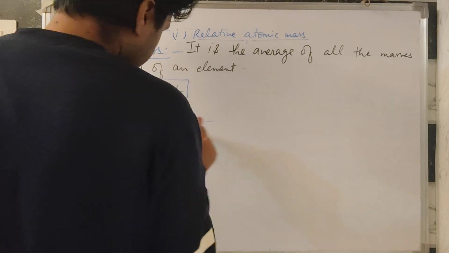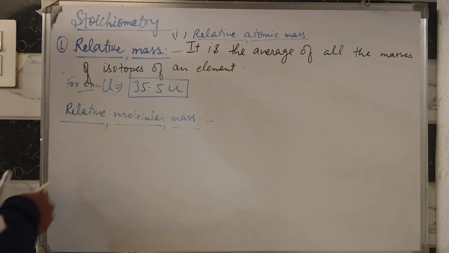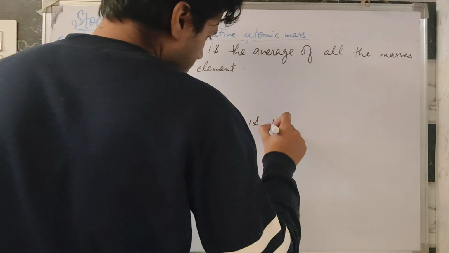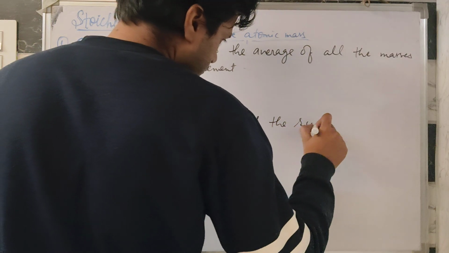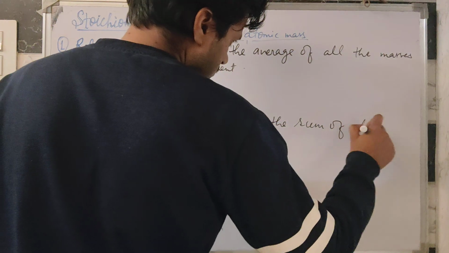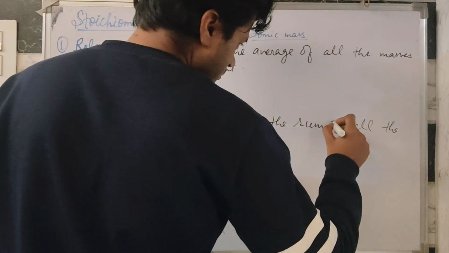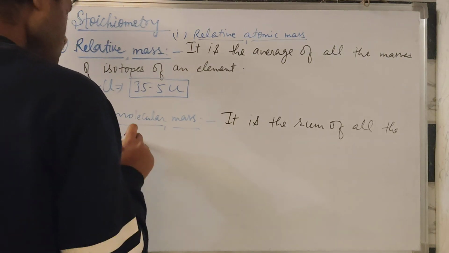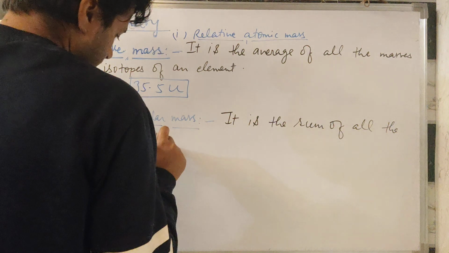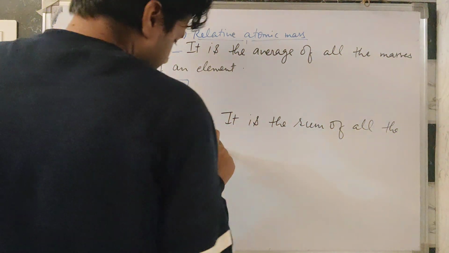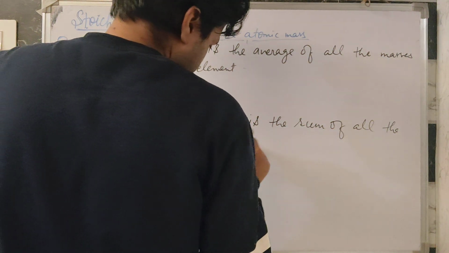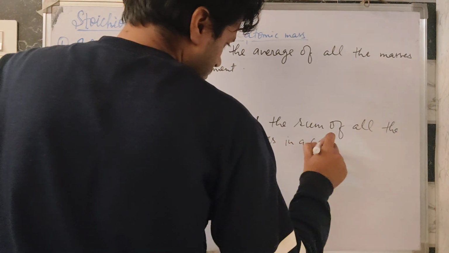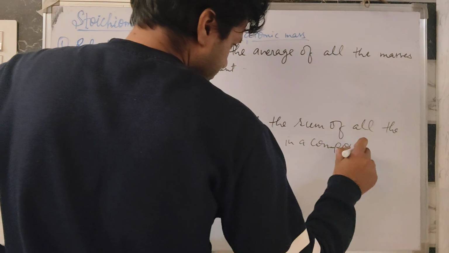Molecular mass we can calculate very simply: it is the sum of all the masses of atoms of the given elements in a compound.